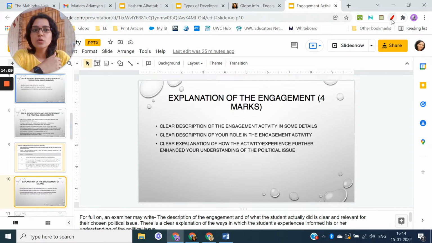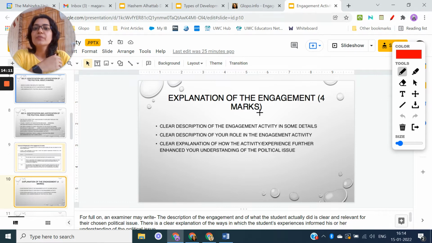All right, so what it is talking about: a clear description of the engagement activity in some detail. Clear description of the engagement activity means what engagement activity you have undertaken, and what your role was in that engagement activity, whether you were active, passive, or what. In case you say that I attended a webinar, can I consider this as my engagement activity?